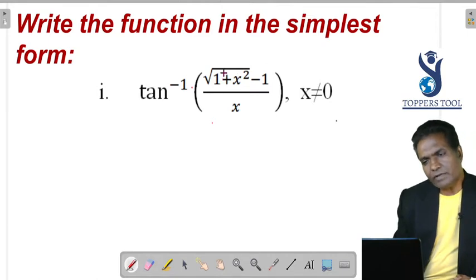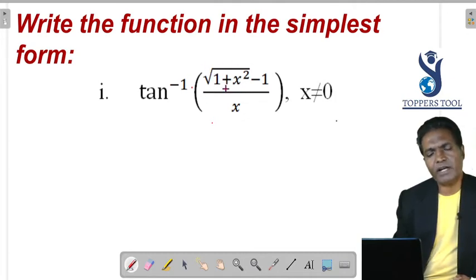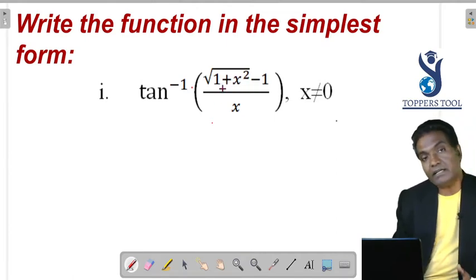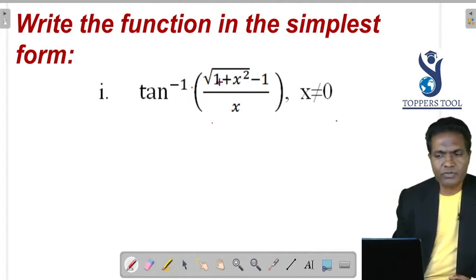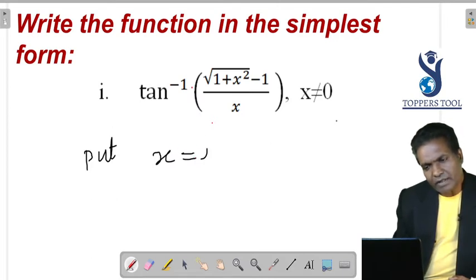Now one thing to be noted, whenever you find 1 plus x square within the inverse function, either under root or without root, try to express it in the form of 1 plus tan square or 1 plus cot square. So here for 1 plus x square, I put x is equal to tan theta. Even cot theta can also be used.